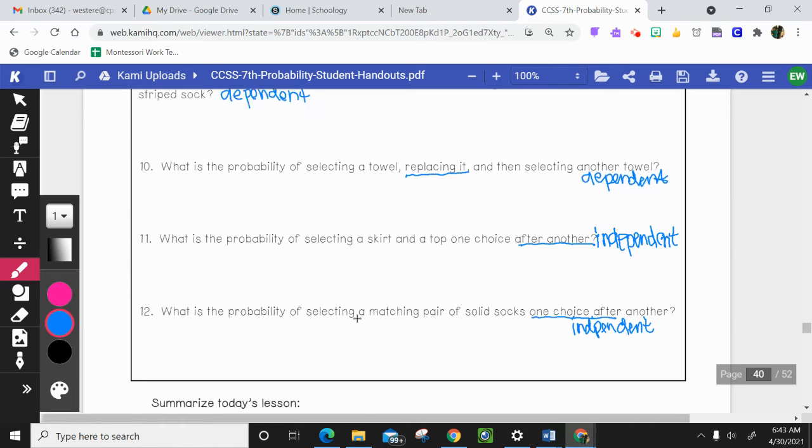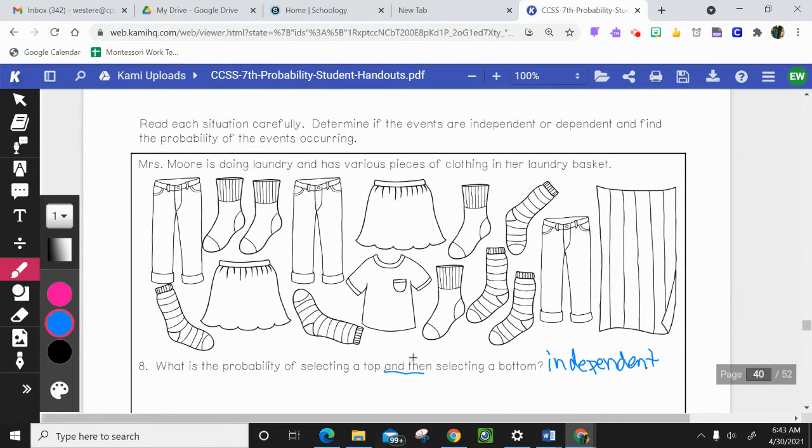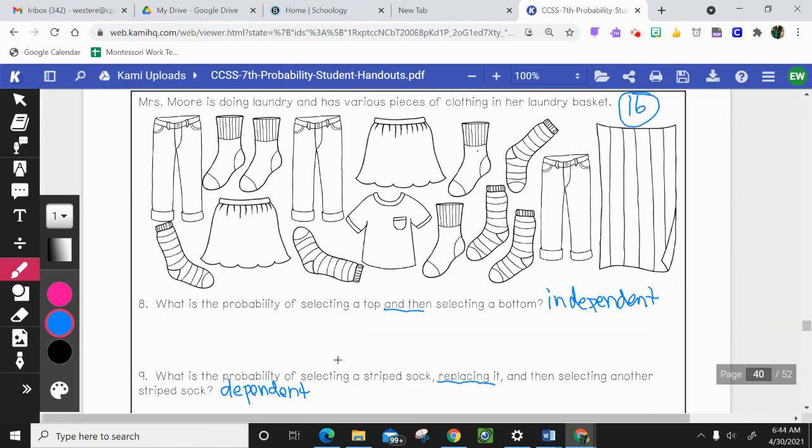Okay, so we have to count up this laundry to start with. So we have to figure out the total number of items she has and count the socks separately. 16 items, okay? We're looking for a top and then a bottom, okay? So this is dependent, so I have to remember that after I write my first probability, my second total is going to change.